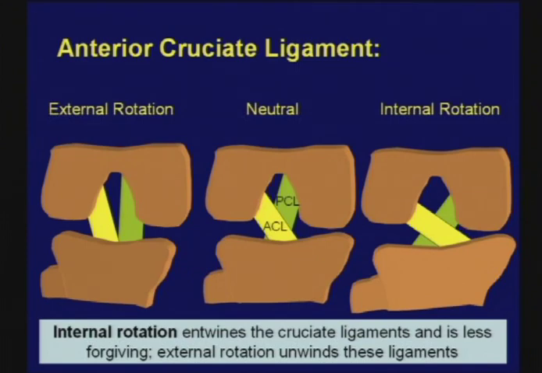And with external rotation, it can be unrelated to an external force, which is very common, particularly in tennis players, or it can be related to an external force that produces external rotation of the tibia. So despite the evidence on this slide, I just can't believe internal rotation is the major mechanism for tears of the anterior cruciate ligament.